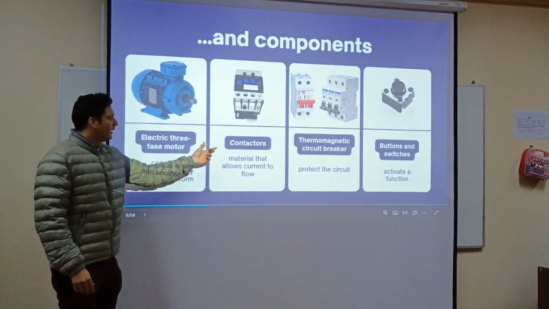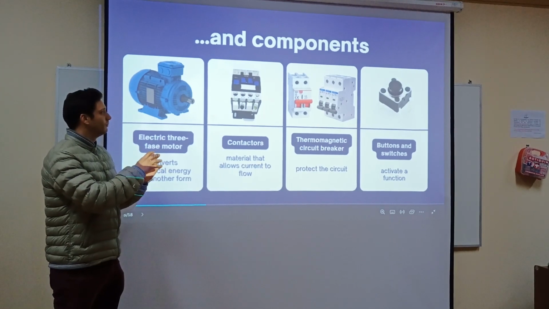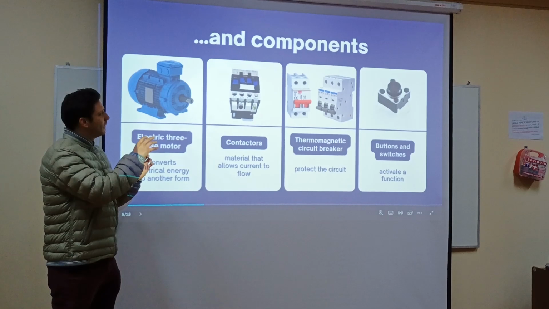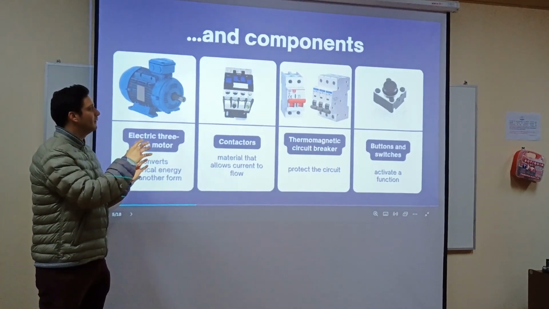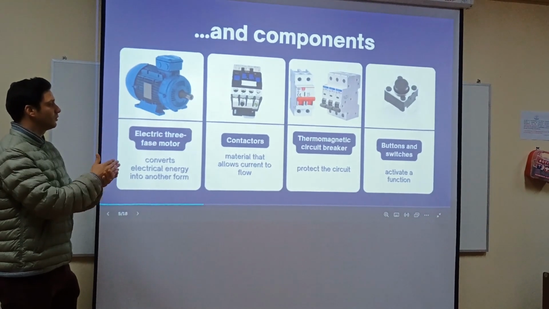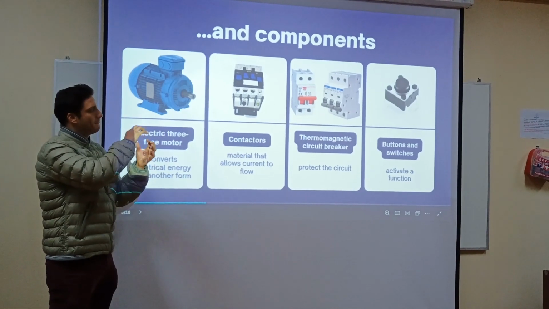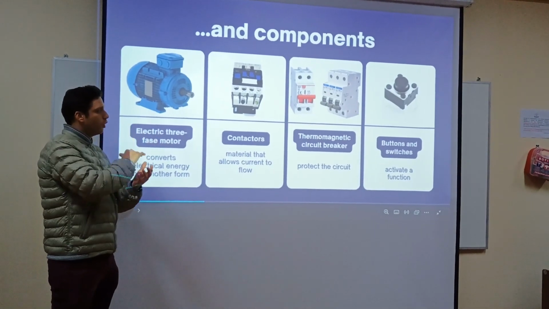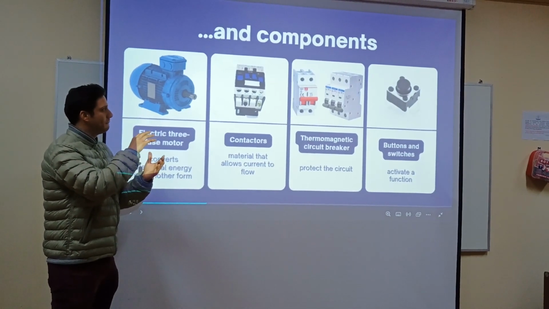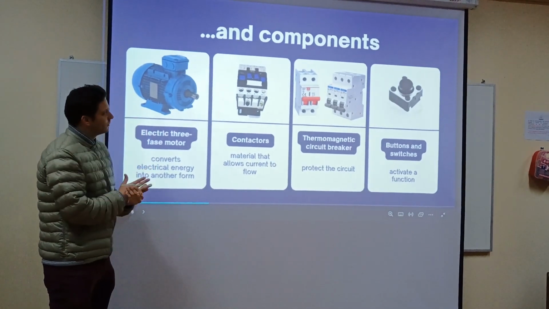Then we will find the contactor, which is a very important component, and basically there is a main element inside of this contactor, which is the coil. It's a material where the current flows, and when the current flows, we have the passage of current and some certain actions.